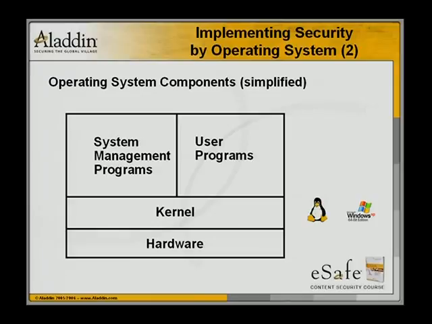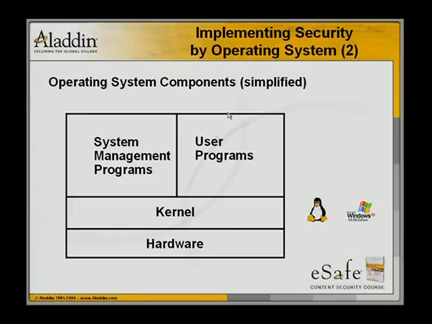Below that layer, we can see the kernel layer, which is basically a proxy between the programs that run in the user space and the hardware. The hardware is the CPU, the memory, the printer, all the hardware that we described before.